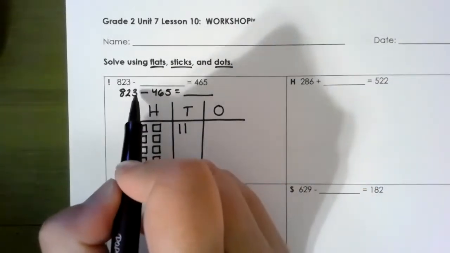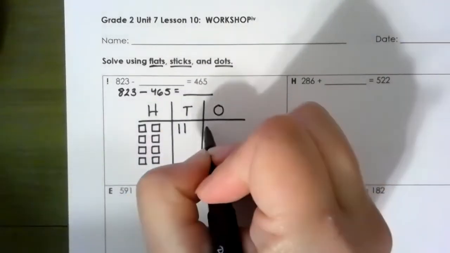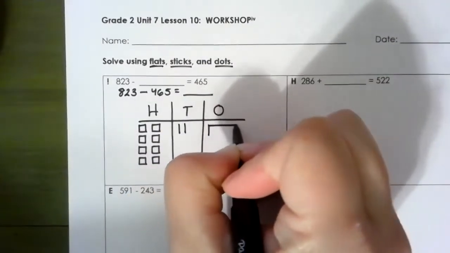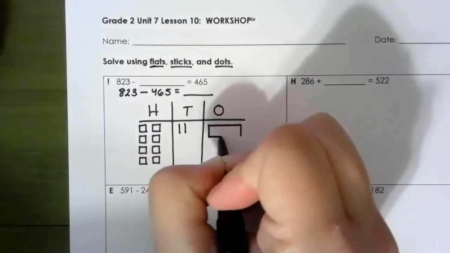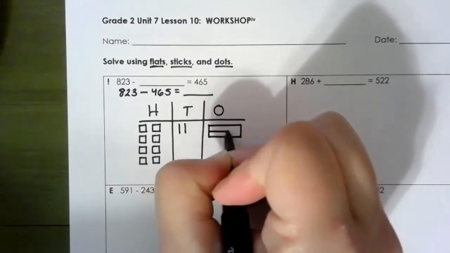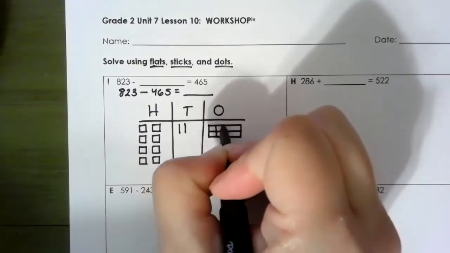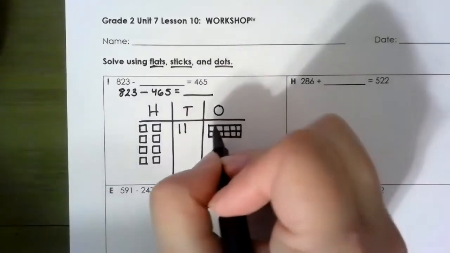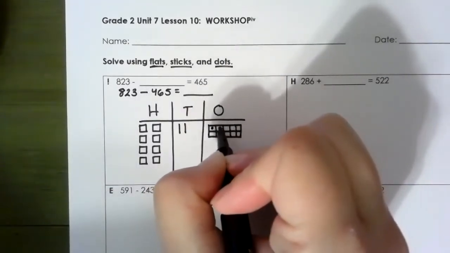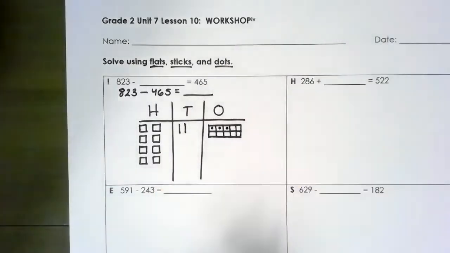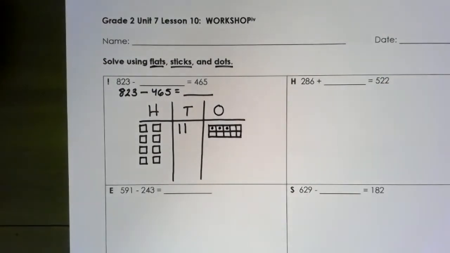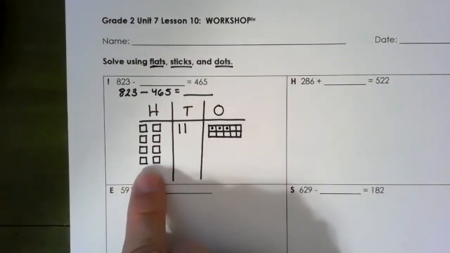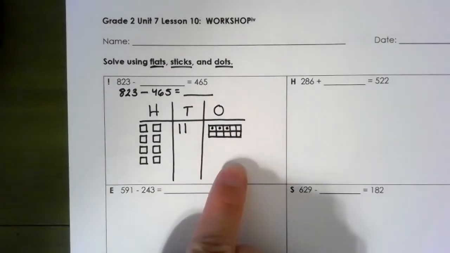Then we need to draw 3 ones. Let's make sure we draw a 10 frame so that we can keep track of our tens. 1, 2, 3. So now we have our whole 823 set up into hundreds, tens, and ones.